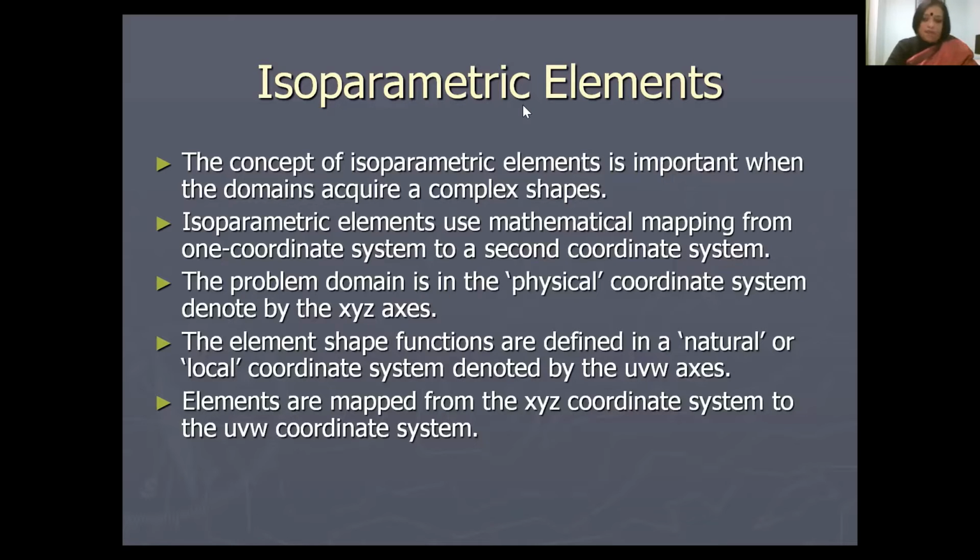Let us call that the UVW coordinate system. Why would we like to do that, and what happens when we do that? Let's discuss that and then come back to why we need isoparametric elements at all.